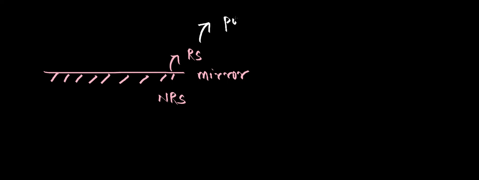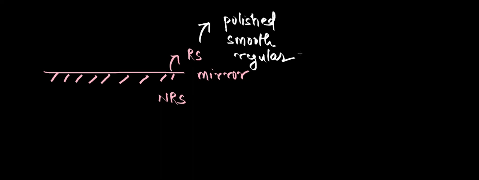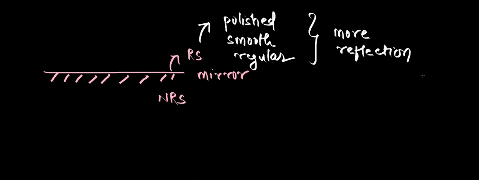If the reflecting side is polished, very smooth, regular, with no depressions, if it is flat, then reflection will be very high. More light will be reflected when the reflecting side is polished, smooth or regular. Even shiny surfaces, like diamond, do more reflection.